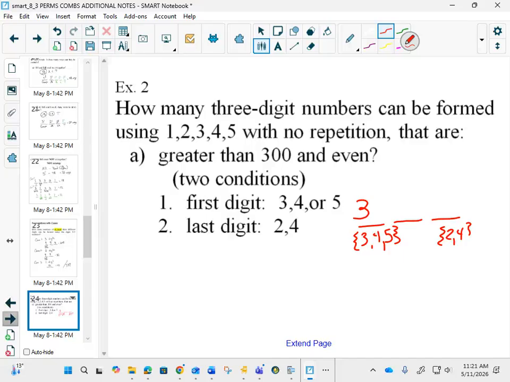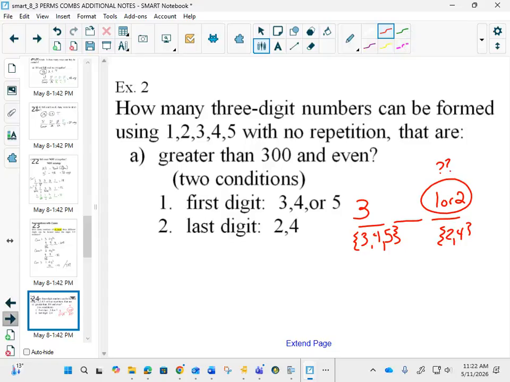If I pick the 4, then I can only do a 2 here. So the problem here is I don't know if I should write a 1 there or a 2 there. It's a problem. Because if I pick the 4, I can't put 2 anymore. But I don't know which one I picked because I just said 3 choices.